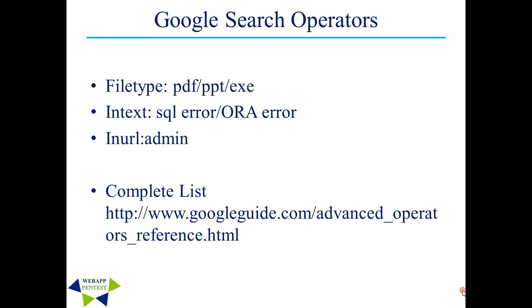If I use intext: SQL error followed by the website name, then I may be able to find database errors on that website that the Google search engine has captured. The third one is inurl followed by admin. inurl will help me search the URL of a particular website. This might help me in searching for the admin pages on a particular website.